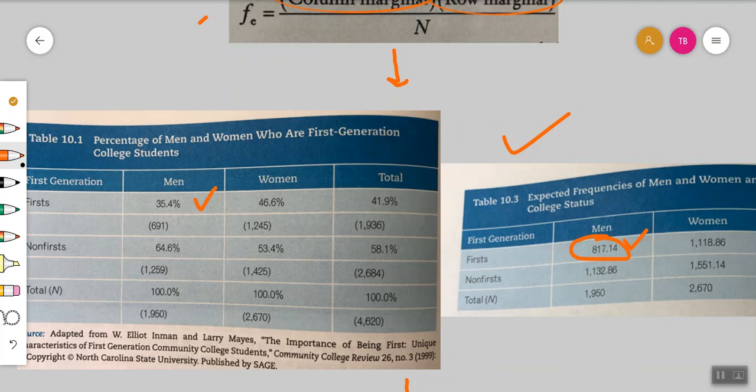So if you go out to the edges, the marginal, you're going to take that number. So this is first generation men. You're going over here. You're taking this number and you're going to multiply it by this number, number 1, number 2, and you're going to divide it by the total number, 4620.